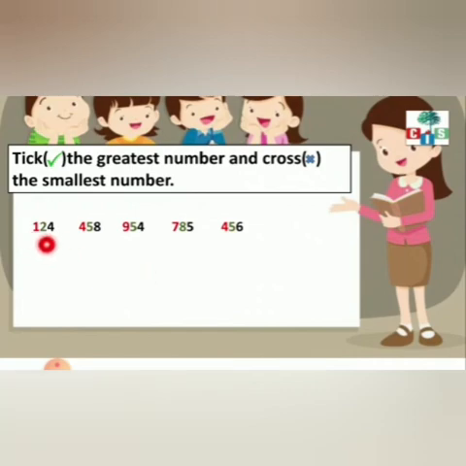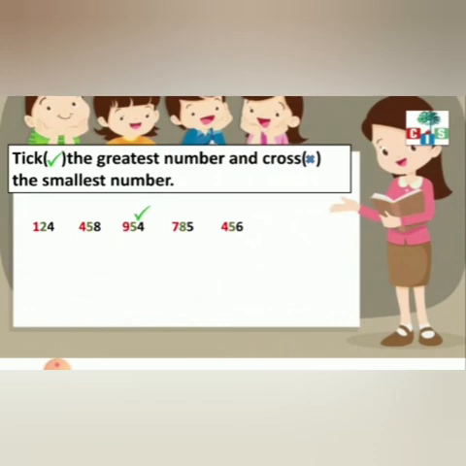Here it is 1. In this number 4. Here 9. Here 7 and 4. First we have checked every hundreds place in all these numbers. For explanation I have colored them in red. So which number is greater? 9. So 954 is the greatest number.